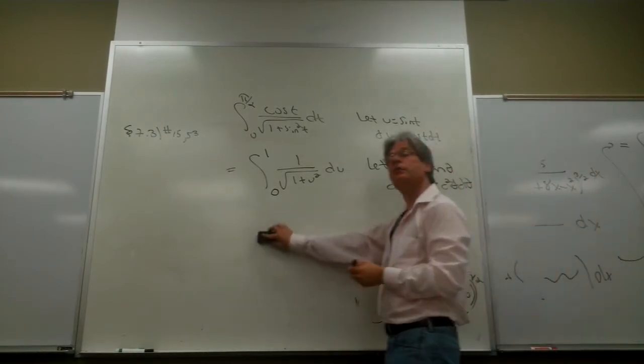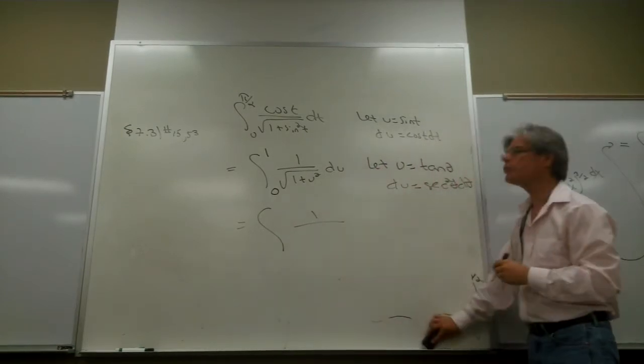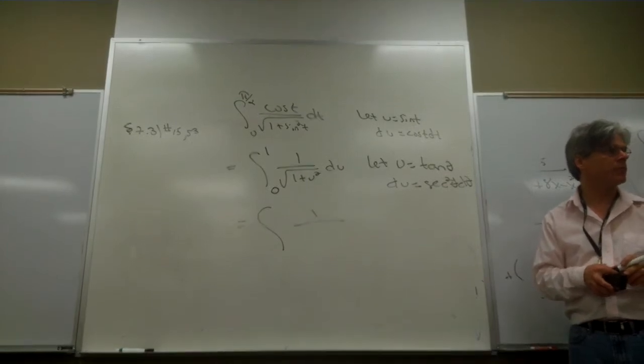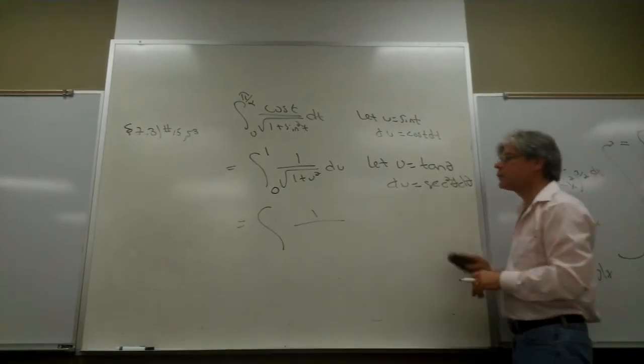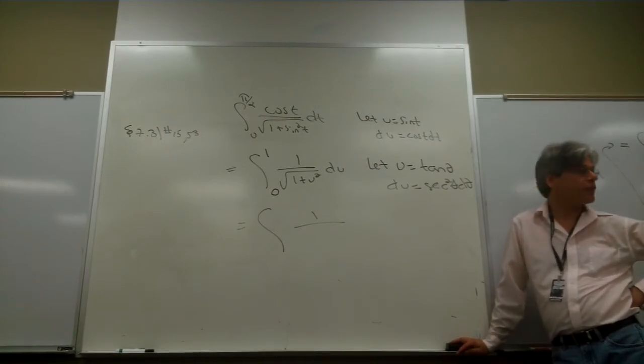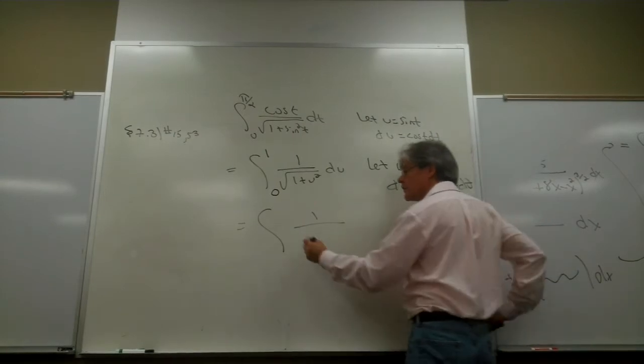And when I apply the substitution, I get the integral of 1 over the square root of 1 plus tangent squared of theta. That is 1 over the square root of secant squared of theta. But the square root of secant squared of theta, as long as theta lives in an appropriate region, is just going to be the secant of theta.